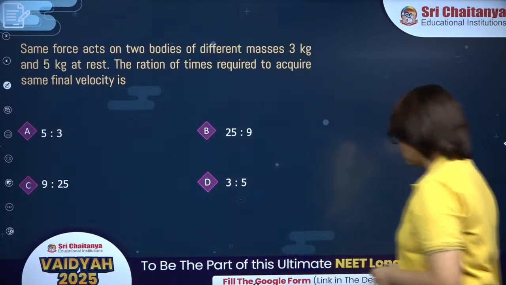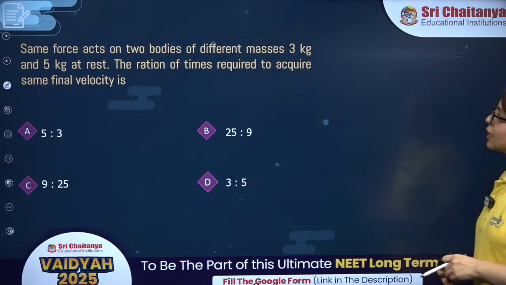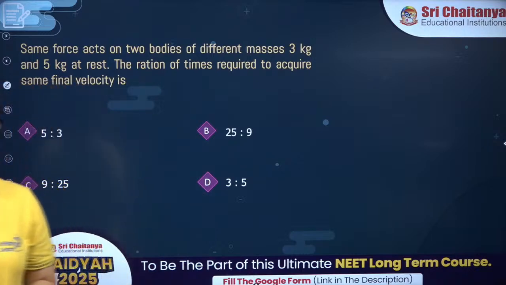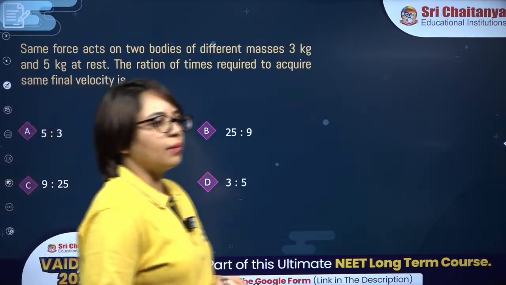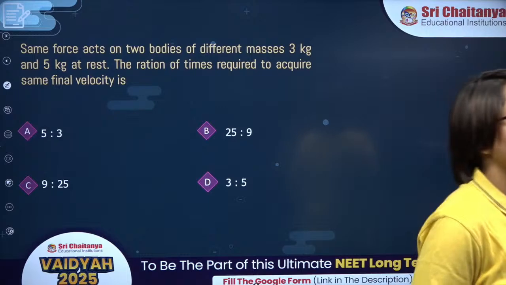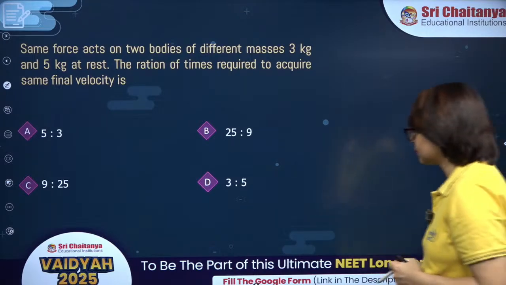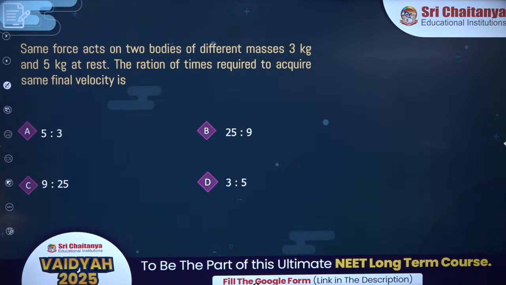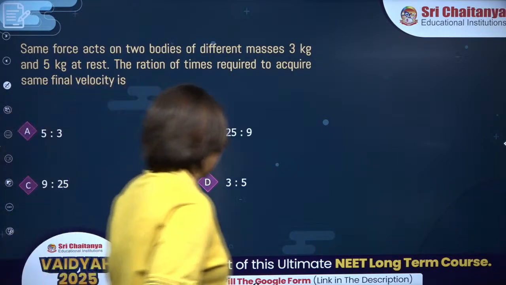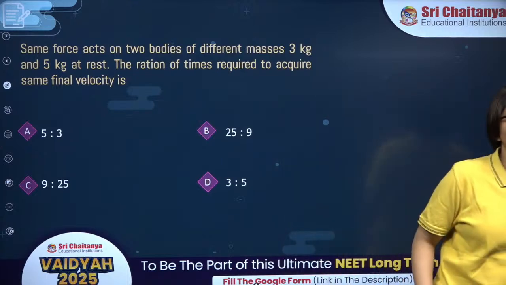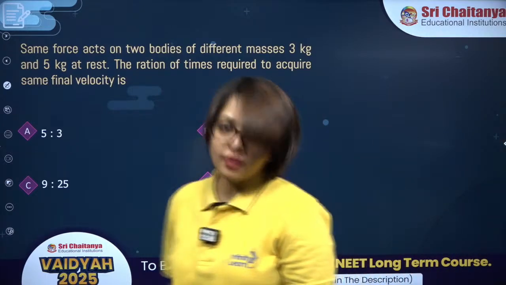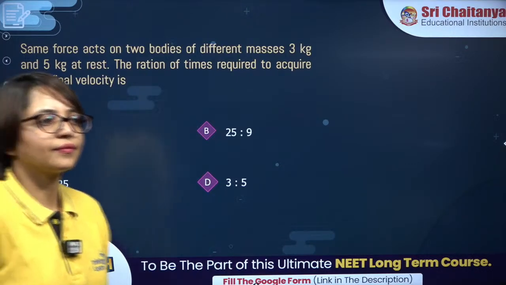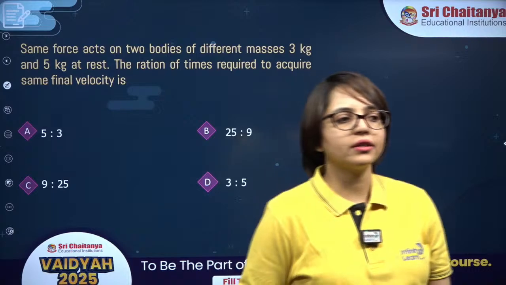You have to find the ratio of the time required to acquire the same final velocity.